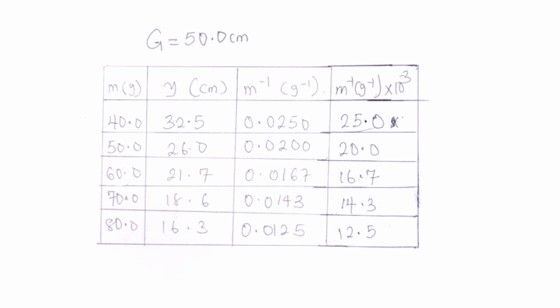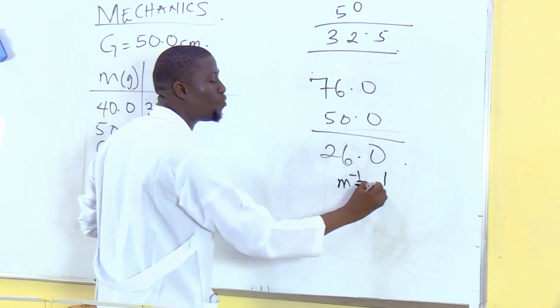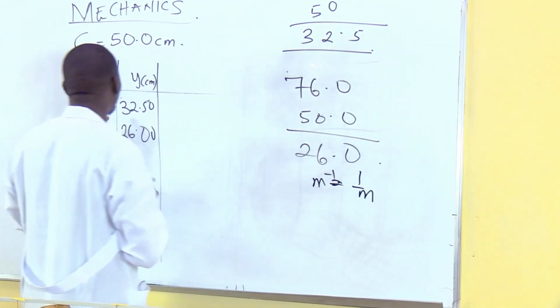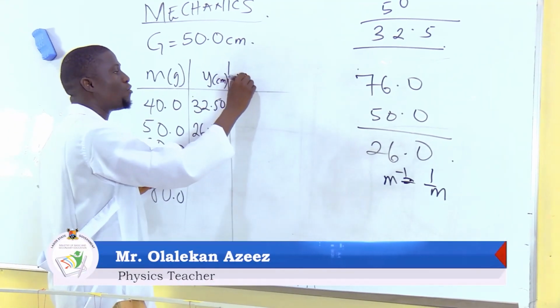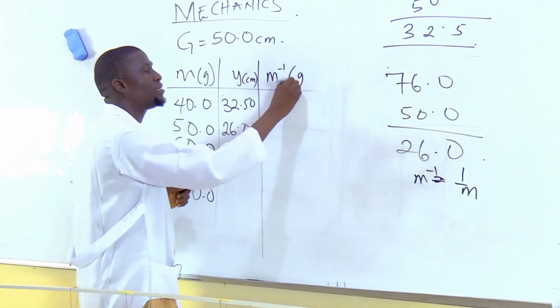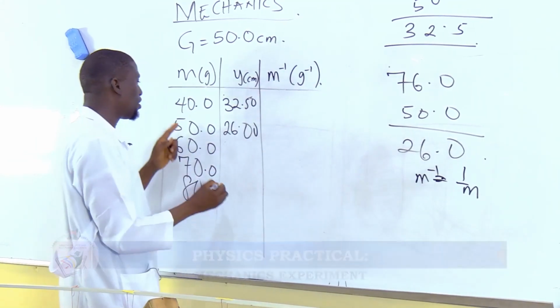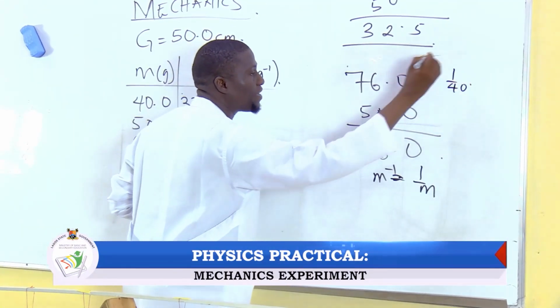Now let's quickly proceed to the inverse of the mass as instructed in the question. M inverse is the same thing as 1 over m. So I'm going to take the inverse of 40 gram. Here I'll put m inverse. The unit here is gram, so this will be gram inverse as well. So for 40, I have 1 over 40. That will be the first value.